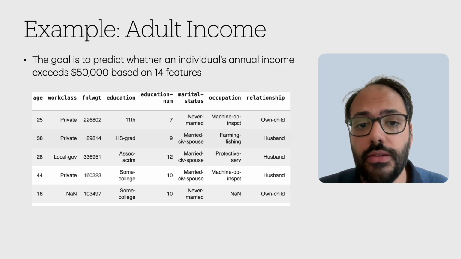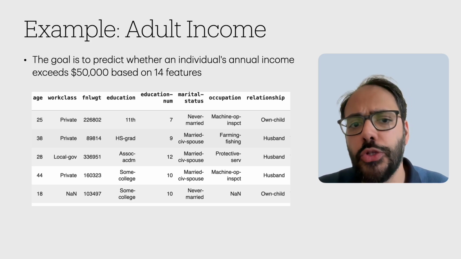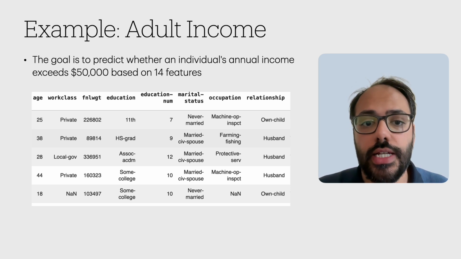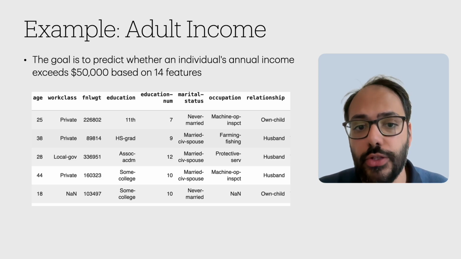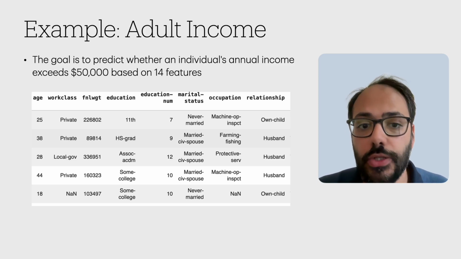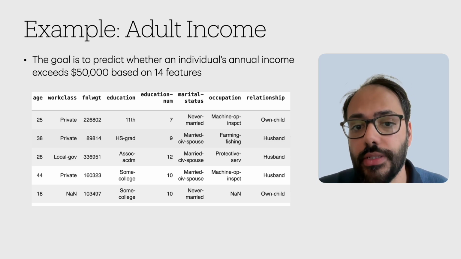In addition, once you decide to use a specific machine learning model, let's say you decide to use decision trees, then you have to set hyperparameters, such as the max depth of the tree. Or if you want to use random forest, you need to decide the number of trees that you want to use in your random forest.